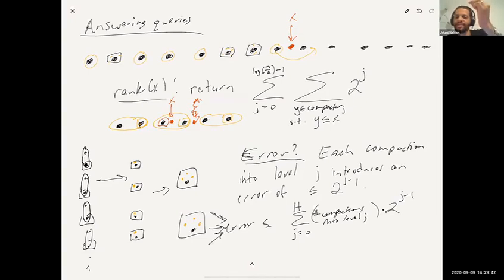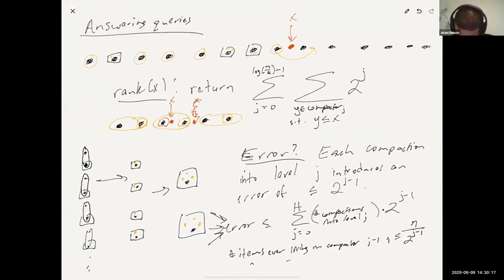So the number of items ever living in compactor J minus 1 is at most N over 2 to the J minus 1, because each item that lives there represents 2 to the J minus 1 items, and there are only N items total.